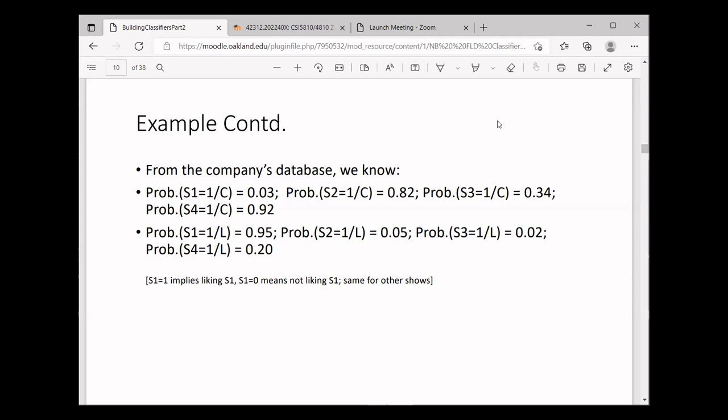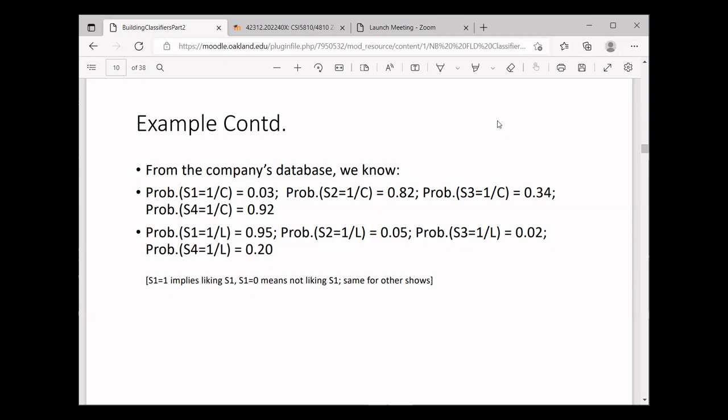All right. So if we look at the second bullet, first term, we are showing the probability of S1 being equal to 1, meaning S1 being liked, given the customer is a conservative customer. That data we already have, because if you look at my previous slide, we have those percentages.